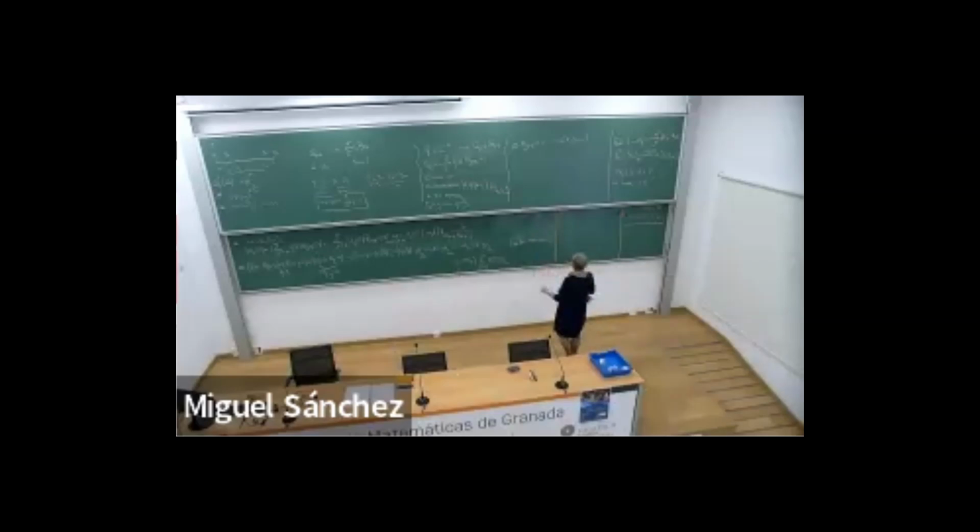So in this situation, assume f is of class C^(L+1) and L is greater or equal than 0, less or equal than p plus 1, then you can construct Qf in this way such that the infinity norm of f minus Qf is less or equal than a constant Kp, H to the power L plus 1, derivative L plus 1 of f in the interval [a,b].